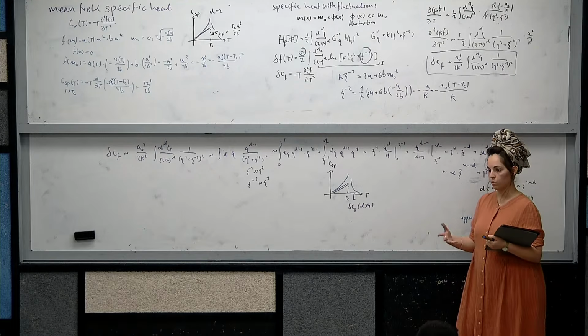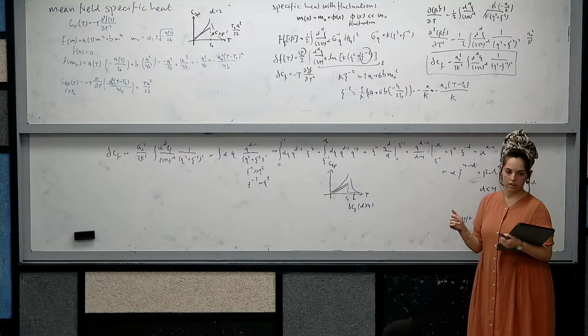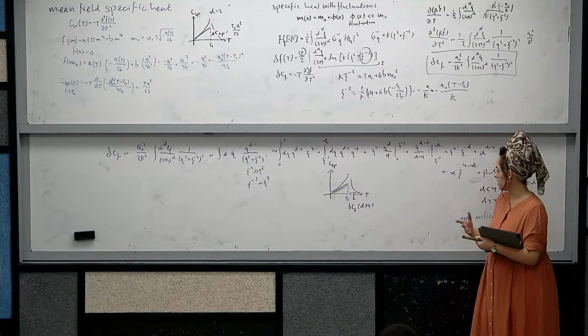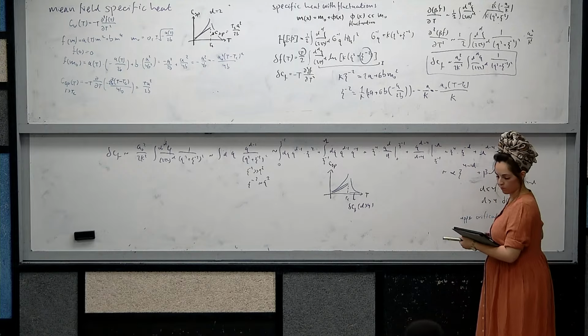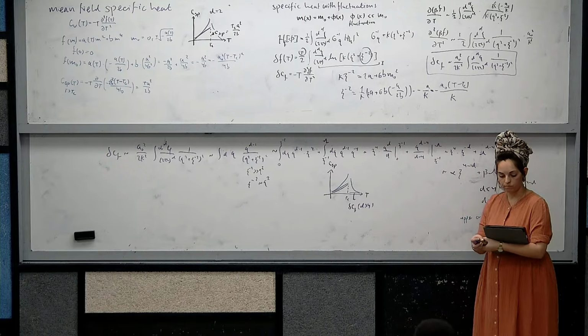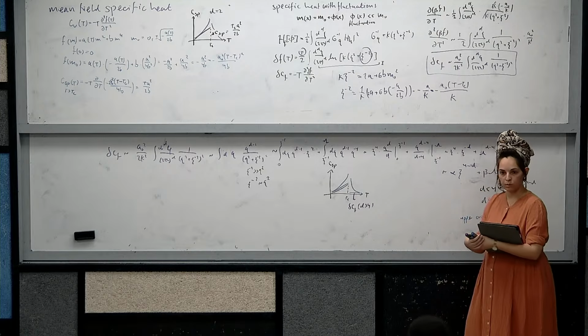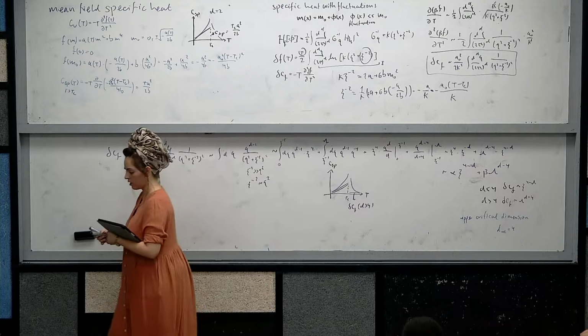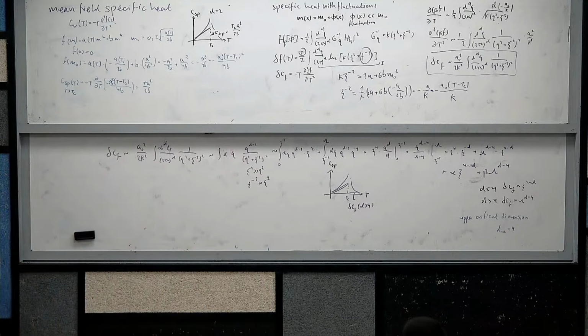This is why fluctuations are less important in higher dimensions, and you can use the mean field approximation. So that's it. I basically wanted to make things a little bit more ordered. I hope I managed to do that, and to show two examples of how the fluctuations affect the physics. Okay, thank you.